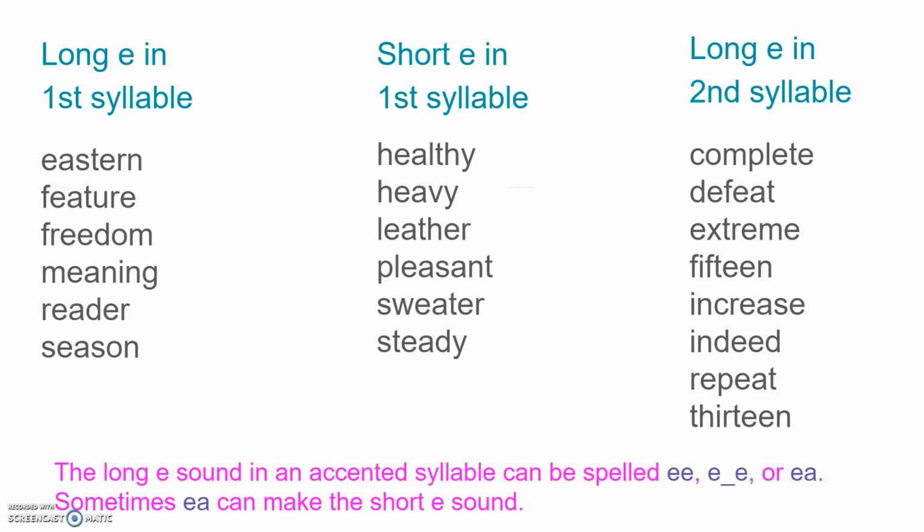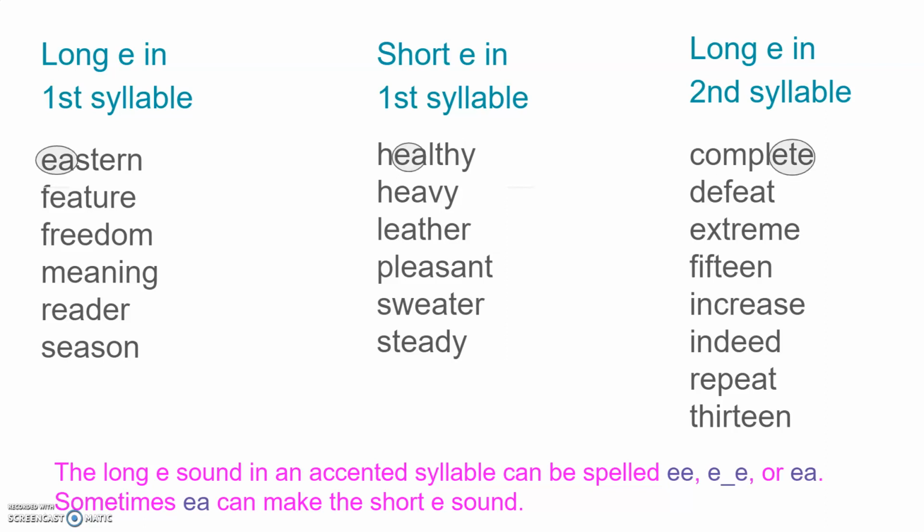I wish I could tell you there was some pattern or rule, that if the EA is found in this part of the word it's short and in this part it's long, or if it has these letters around it it's short or long, but that's not the case. Sometimes the EA just makes the short E sound, and what you need to do is read the word to see what sounds right with a long E sound or a short E sound.